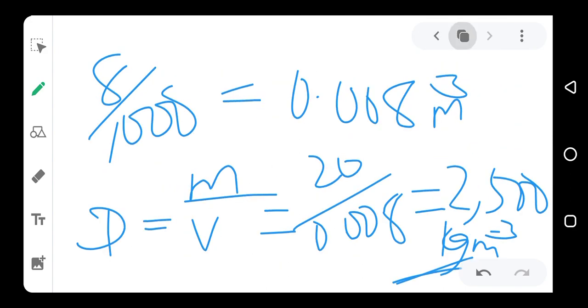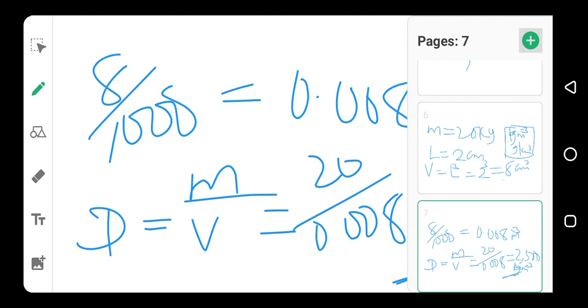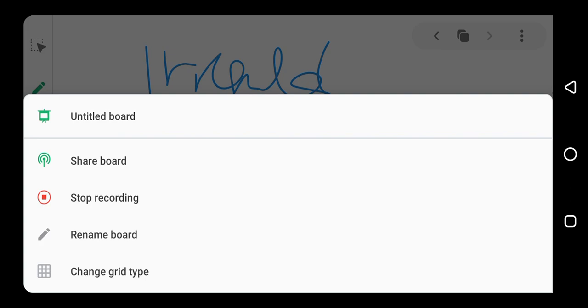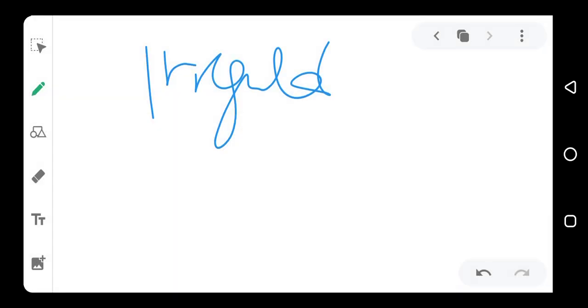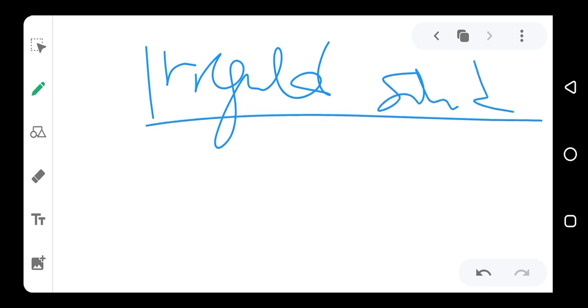Now we look at the density of irregular objects. How do we get the density of an irregular object? To get the density of an irregular object or irregular solid, we still use our weighing balance to get the mass of the irregular objects.